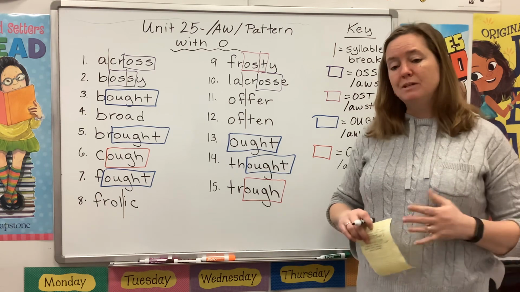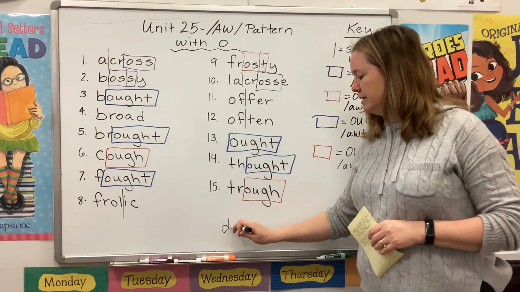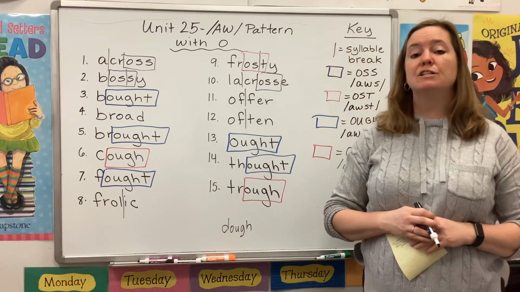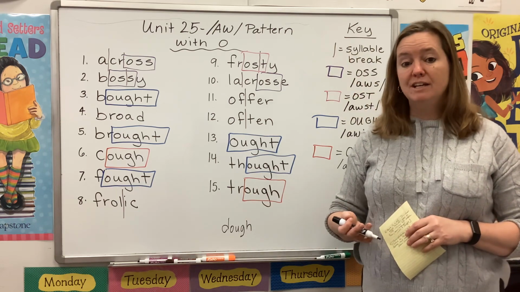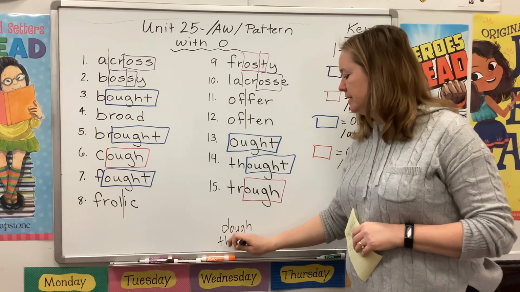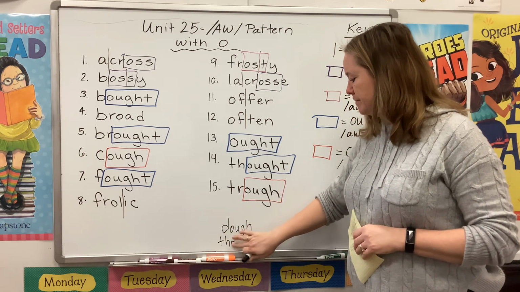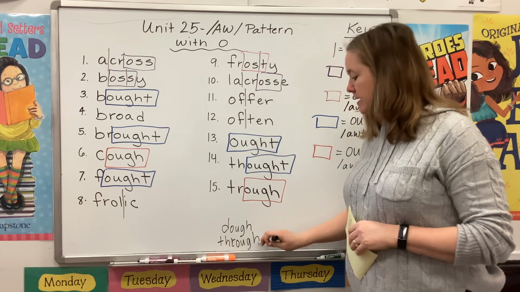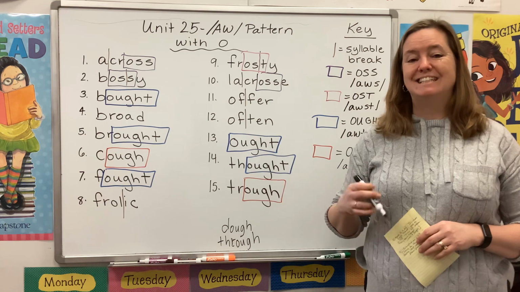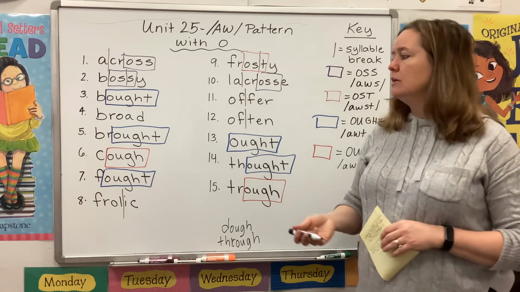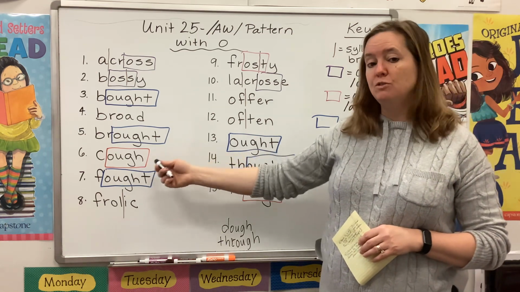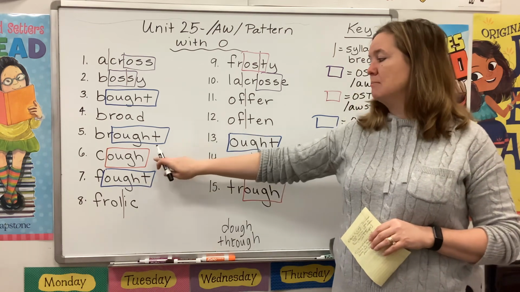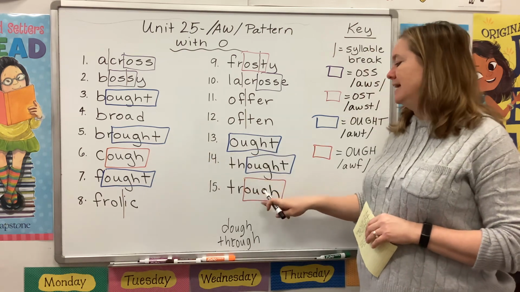Now, that's really weird because this word ends with OUGH, but it's pronounced dough, like cookie dough. This word ends with OUGH, but it's pronounced ooh, as in through. Okay, so just because a word ends with OUGH doesn't mean it's going to have an ah sound. You just need to memorize that for cough and trough.